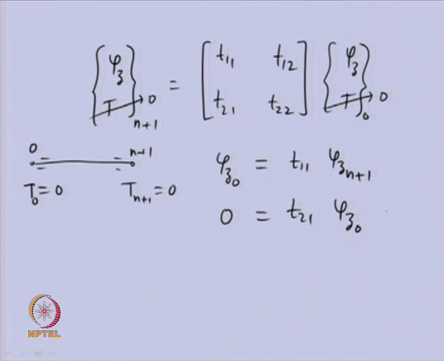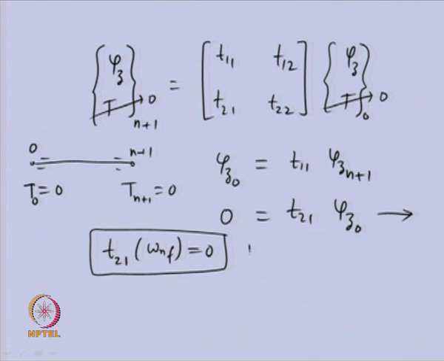So, you can see that the second equation is a homogeneous equation. This is the displacement of the free end, it cannot be 0. So, we need to have this quantity equal to 0, and in fact, this will be a function of the natural frequency. So, this is the frequency equation or characteristic equation of the rotor system.